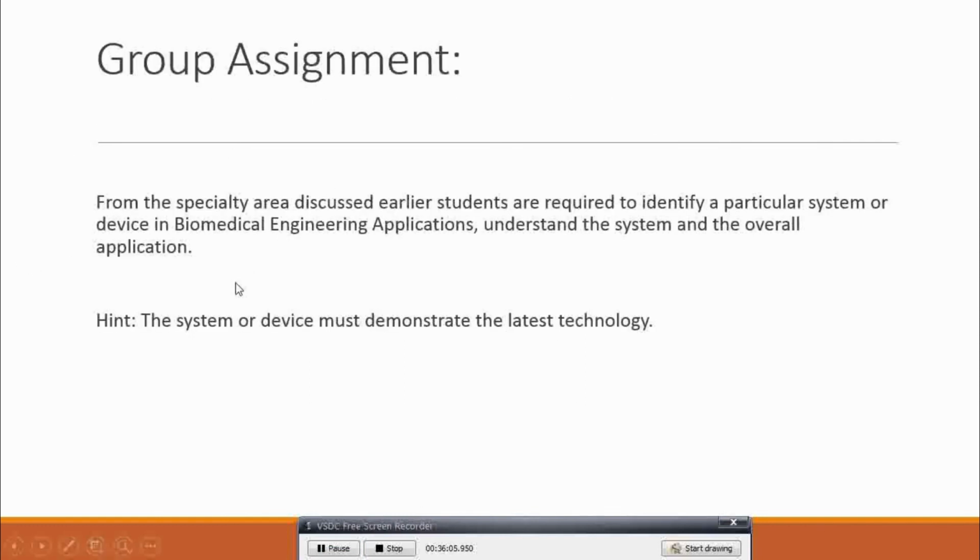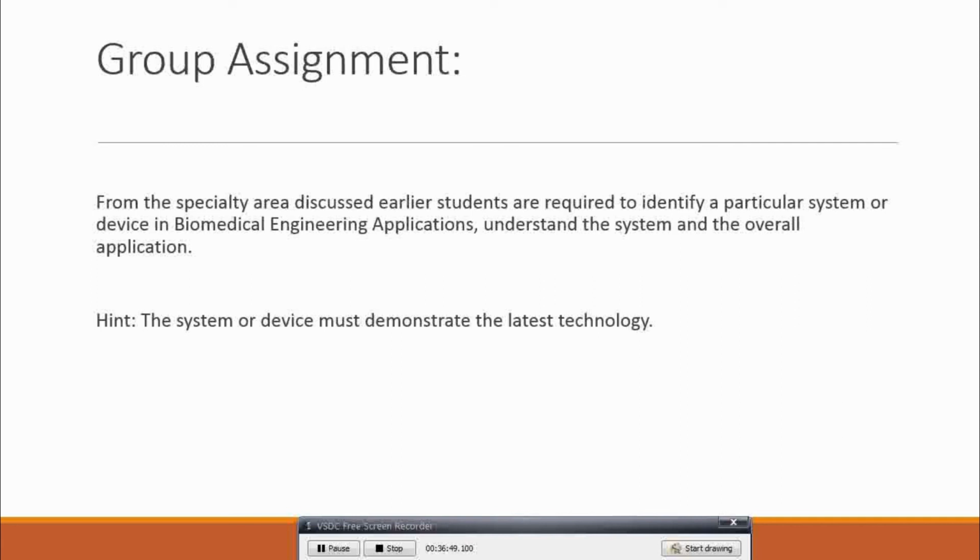Right. Now we have come to the group assignment. From the specialty areas discussed earlier, students are required to identify a particular system or device. That means you can select anything, such as a system or device in biomedical engineering application, which falls under these groups and categories we have discussed so far in the lecture.